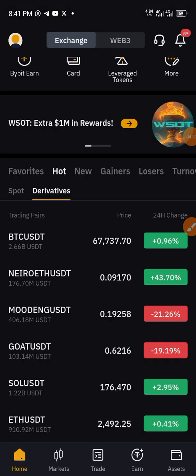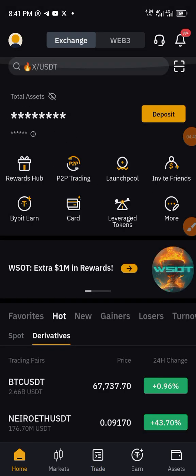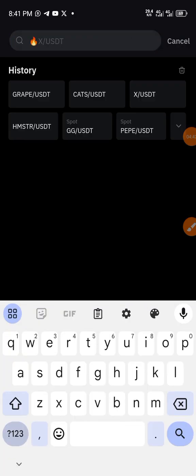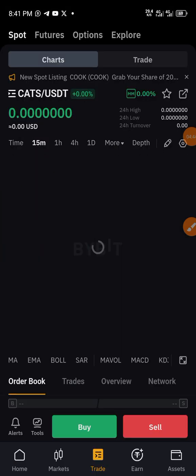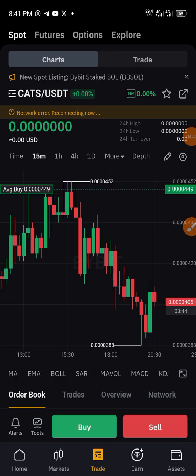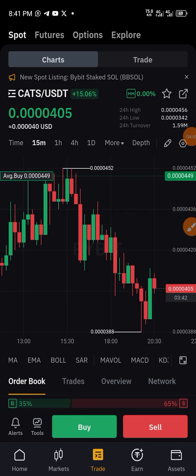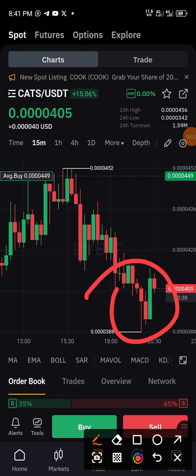So you can do this also in other coins. Let's look at some of those coins I just purchased. I bought this coin with the prediction that it will be going up, which is this one. But currently it's going down.